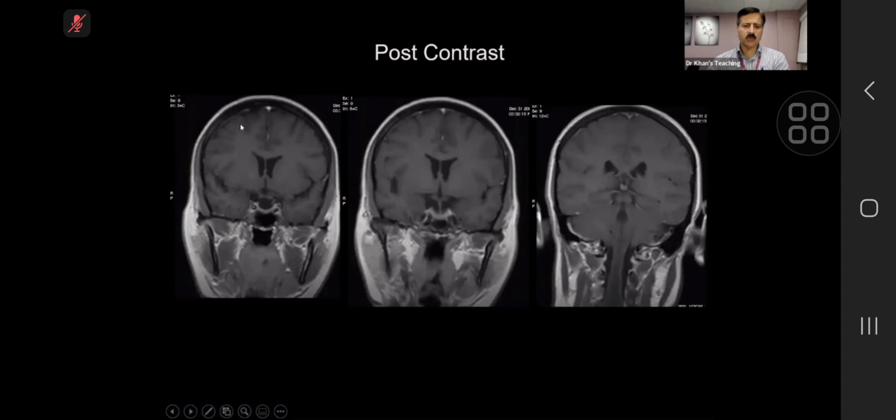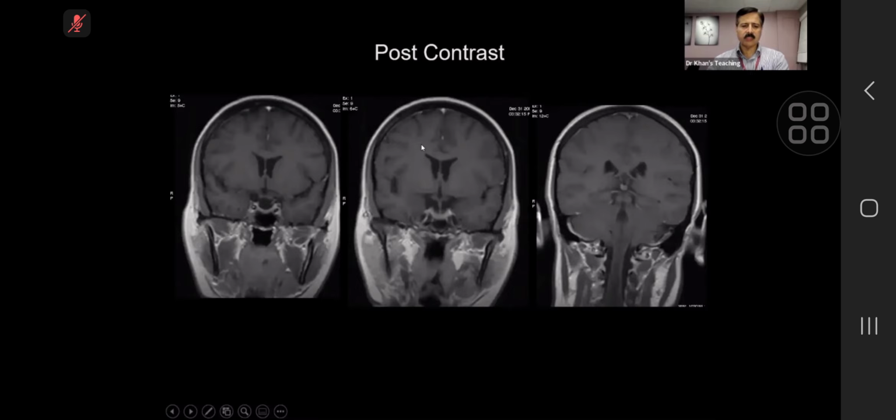So this is still normal, but it should not be too much. So for example, it should not go around the corners like this. Similarly, you have to look at contiguous slices, and it should not continue anteriorly and posteriorly, particularly on a coronal view.